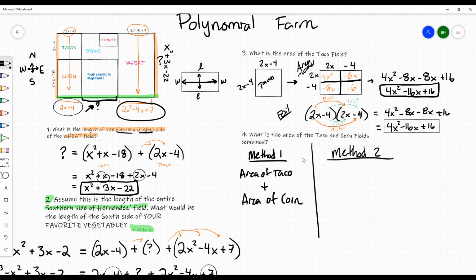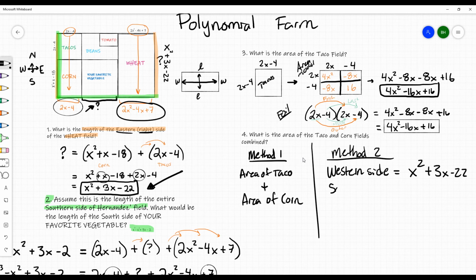Because we also know, based off of a previous problem, that this entire length here of the taco and cornfields is equal to this polynomial. We found that in question number 1. So you can do the western side. And we know that that equals x squared plus 3x minus 22.